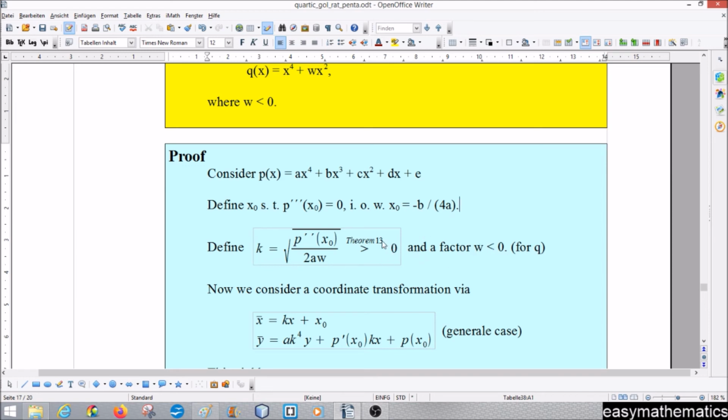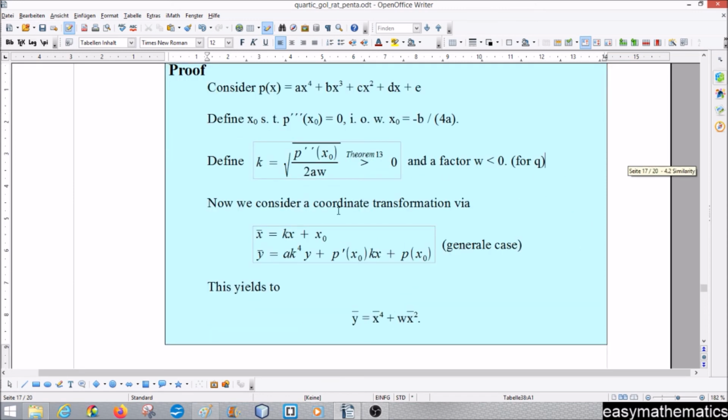And by Theorem 13, we know this is positive. Okay, so k is positive, it exists, it's real and not imaginary. And we will need this k for the polynomial q. Okay, we will see how we will use this.